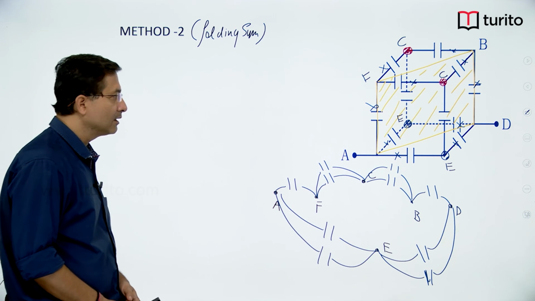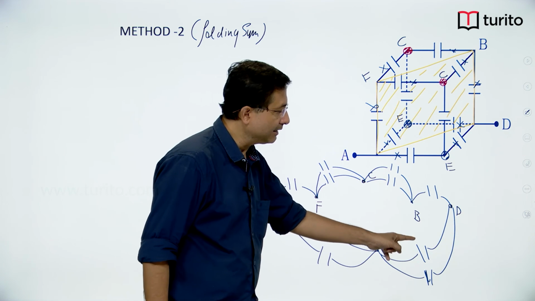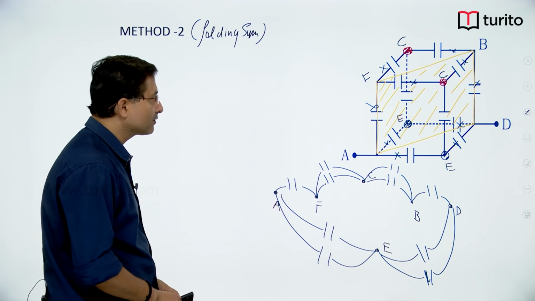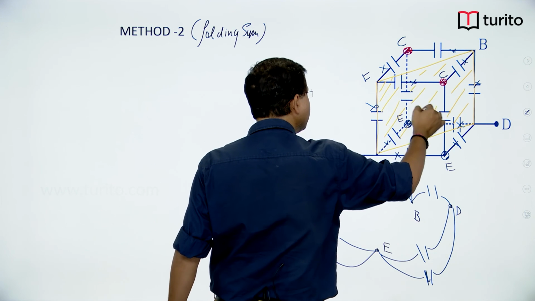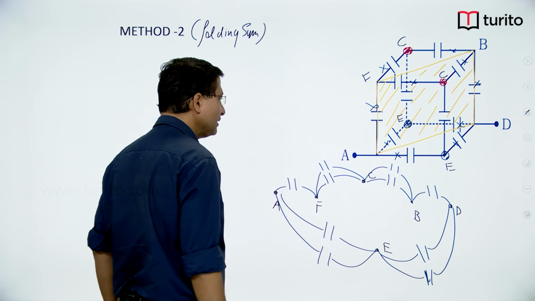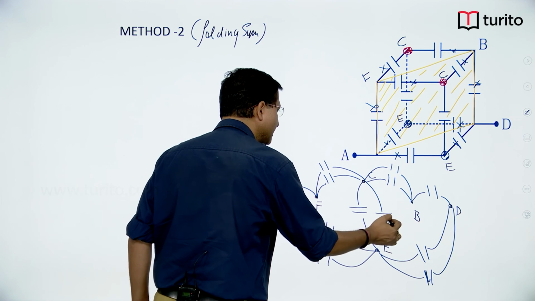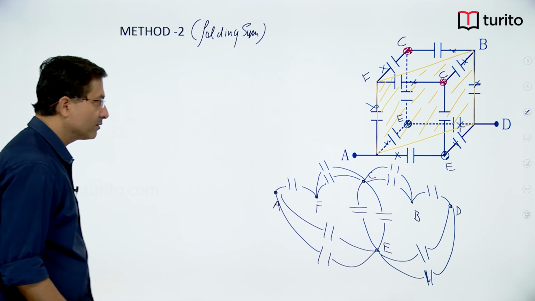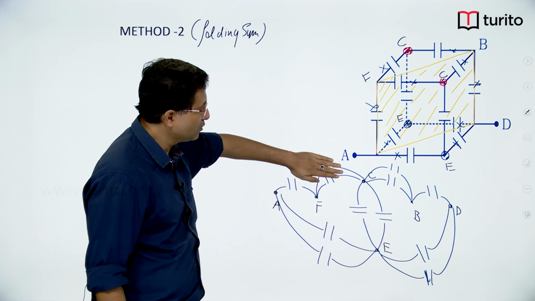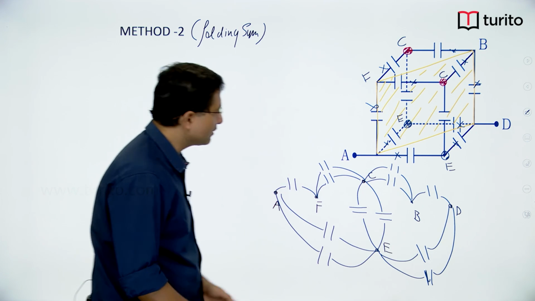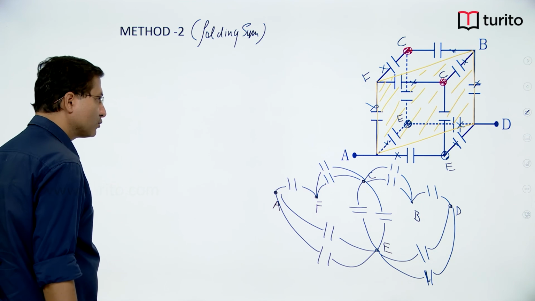So, if you count 1, 2, 3, 4, 5, 6, 7, 8, 9, 10, two capacitors are still left. Look at these vertical ones, CE and CE. Now I think you have an idea that this is a Wheatstone bridge, where this one upon this one is equal to this one upon this one. This is 2C and C in parallel, so 2C by 3.